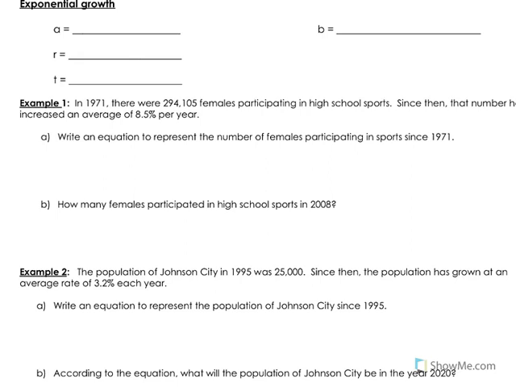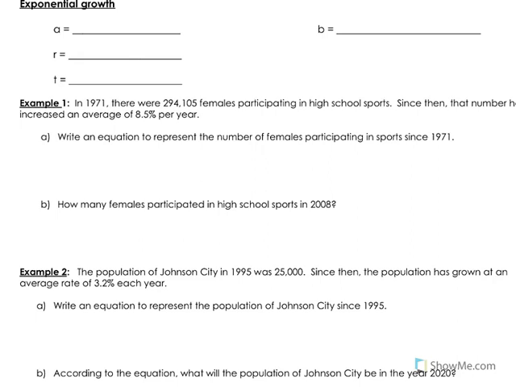So 294,105 females, that's going to be your initial value. Since then, that number has increased an average of 8.5% per year. So that's going to be your rate. Now we want to fill in the formula.